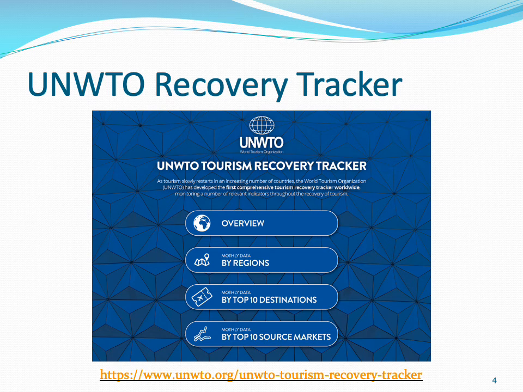I used to use the UNWTO information a lot, somewhat when I was working with Parks Canada, but definitely on a very, very regular basis with the Canadian Tourism Commission or Destination Canada.